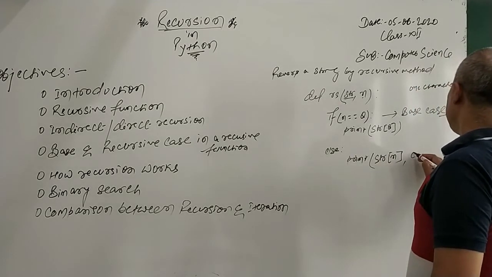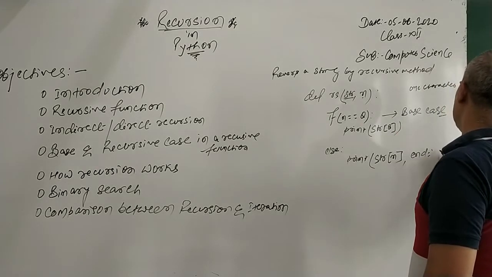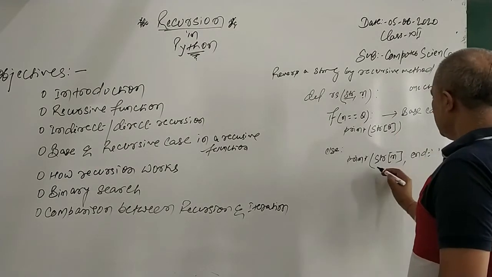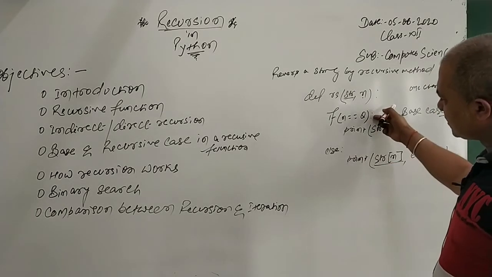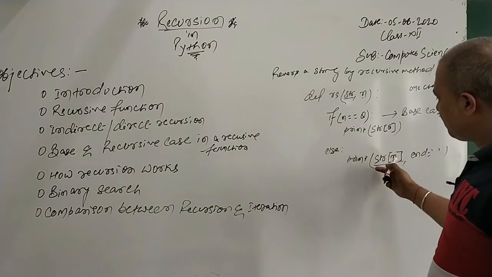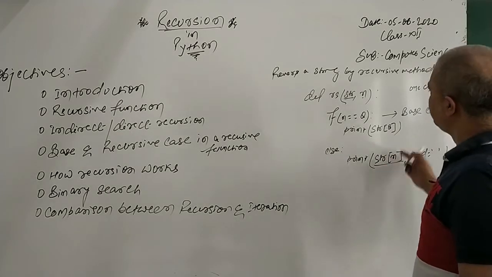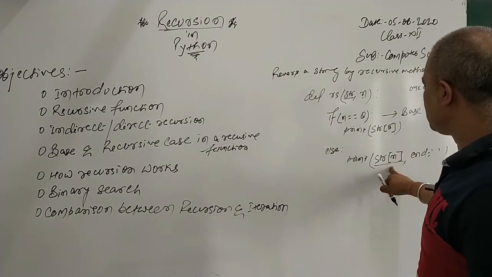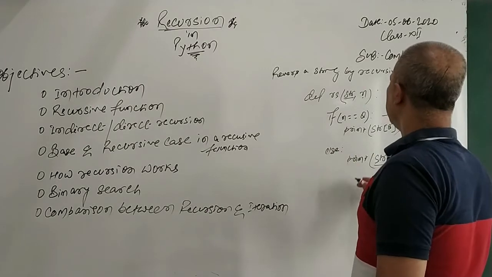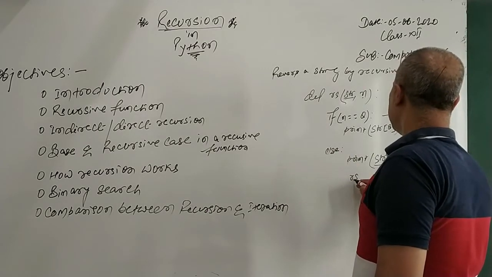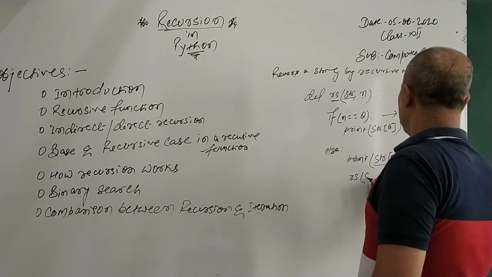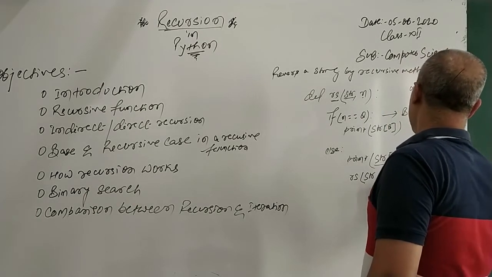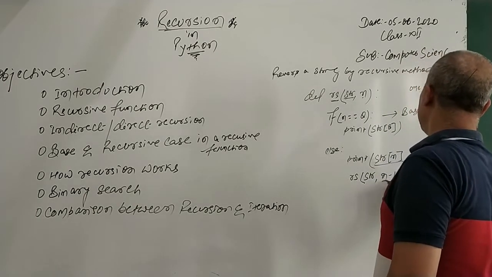If you want a space, then you just say end equal to space and bracket close. What I am trying to do: if this is not the case, it will print str of n, whatever the value is, and then call the method, that is, rs is a method here. Call the method with str, that is the string, and n minus 1. I am reducing the value of n.